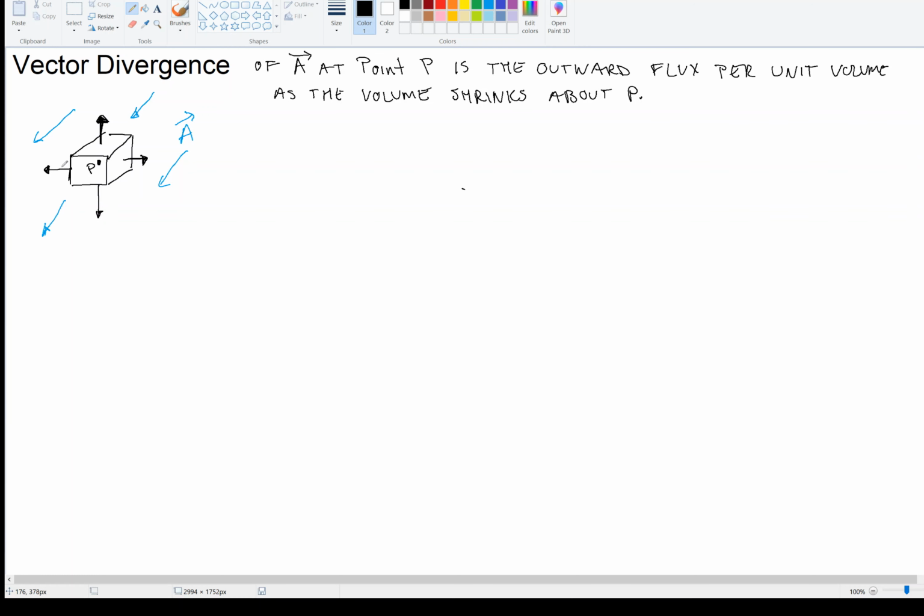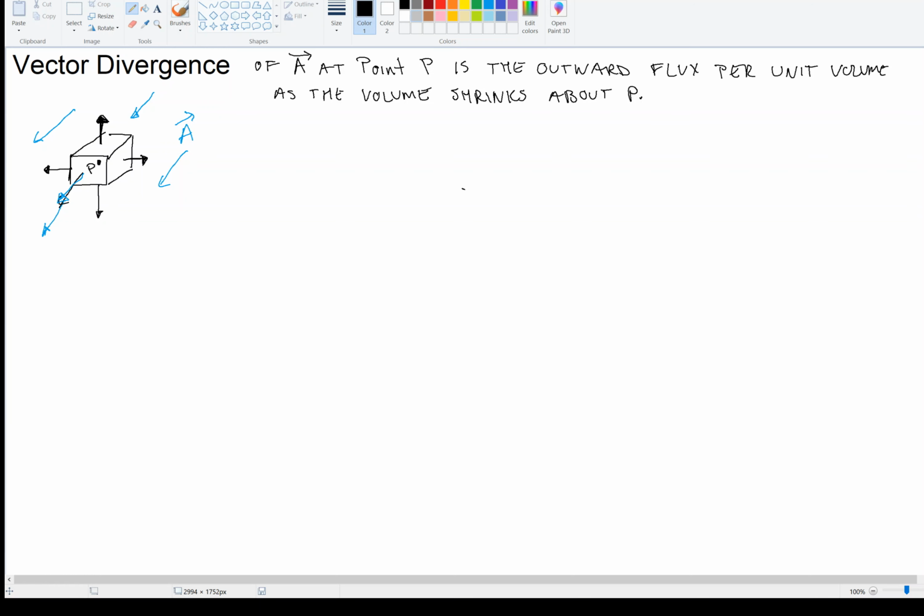Now, going back to this idea of the surface area being oriented outwards, outward flux is considered positive. That's the convention. If this vector field comes out of that front surface, that would be positive flux.